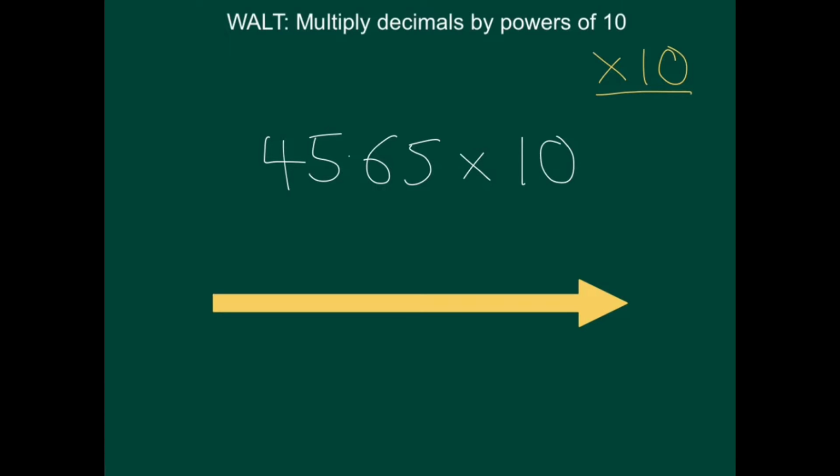So that means that our decimal point, this thing right here, is going to move just one place to the right. So that means 45.65 times 10 equals 456.5, because we've moved the decimal place just one place to the right.